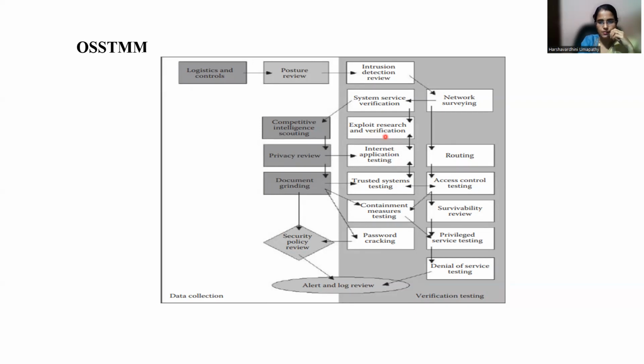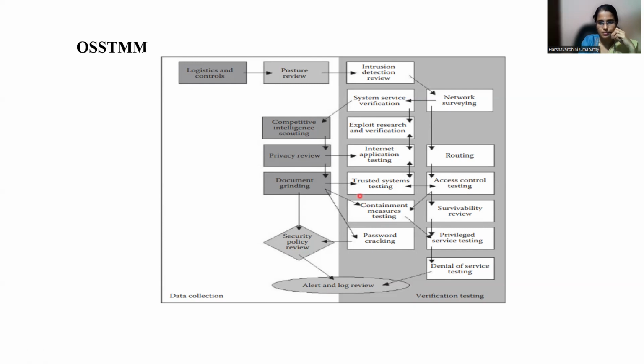The exploit research and verification and internet application testing work in a bidirectional way, where internet application testing is connected to the privacy review. And next is your trusted system testing, which mainly leads to access control testing. Trusted system testing is related to document grinding, which contains multiple measures, including password cracking.